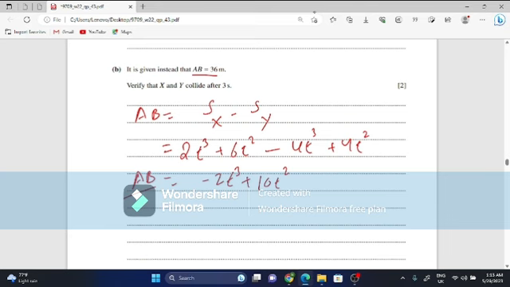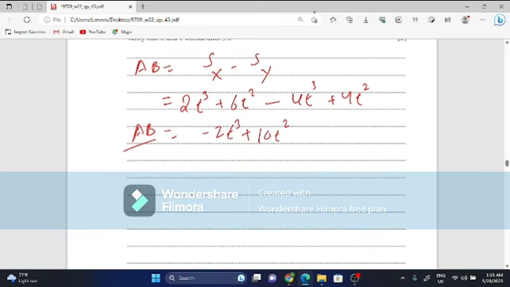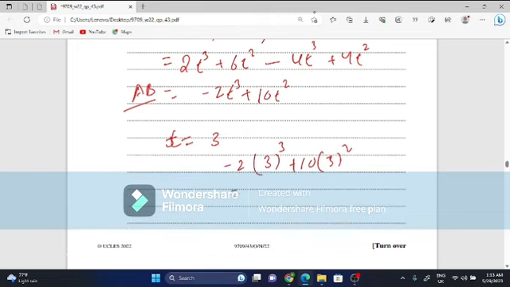Now you have to put t equals 3 over here in order to find distance. That gives you minus 2 times 3 cube plus 10 times 3 square, and your answer would be 36 meters.